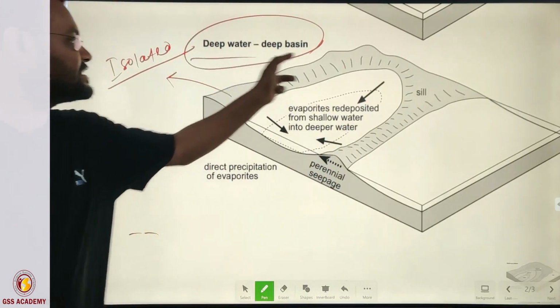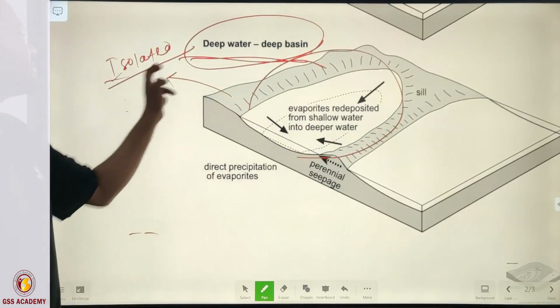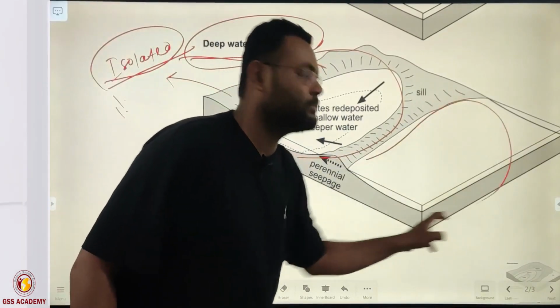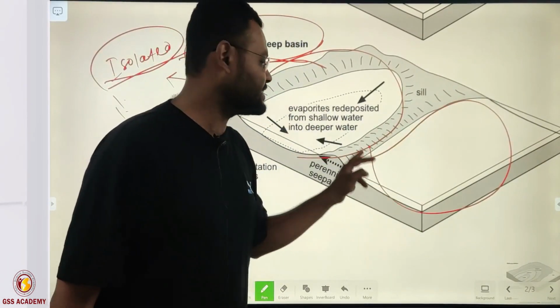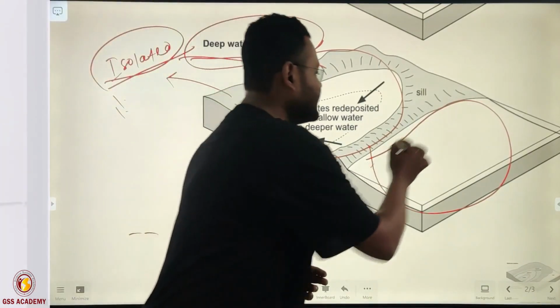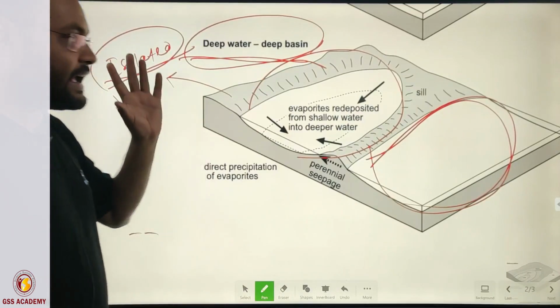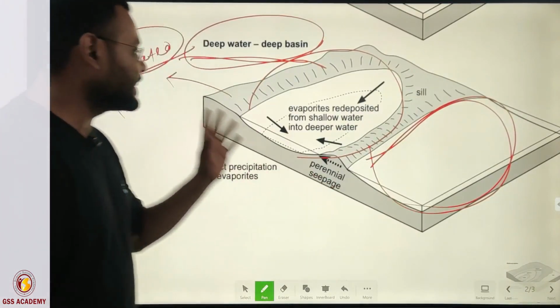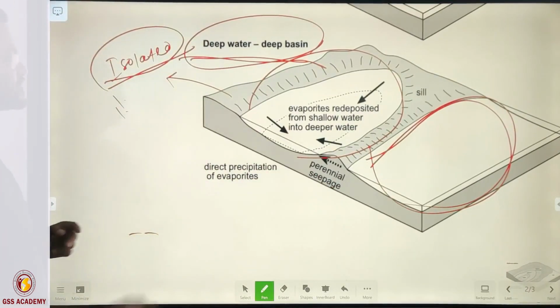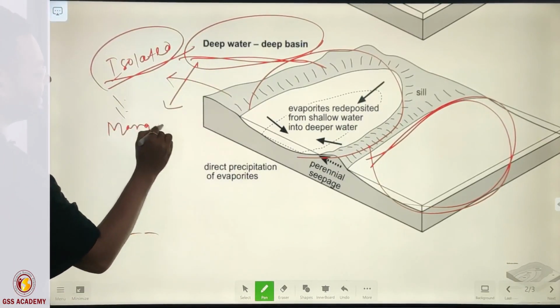In this deep water, deep basin setting, the evaporite basin, or the region where evaporites are continuously deposited, is completely isolated from the open ocean.